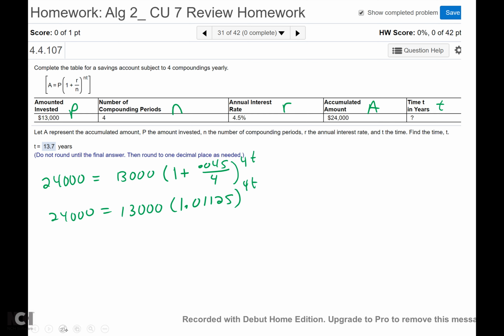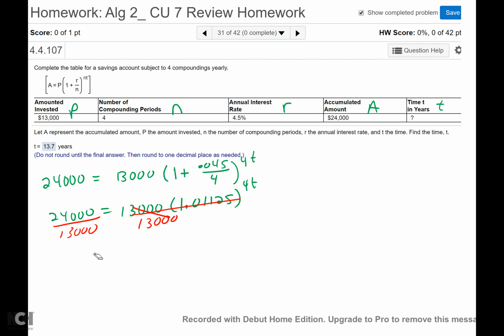Okay, now I'm going to start isolating so that I can get t out of the air. So I'm going to divide by 13,000. And 24,000 divided by 13,000. Oh, I'm tired.